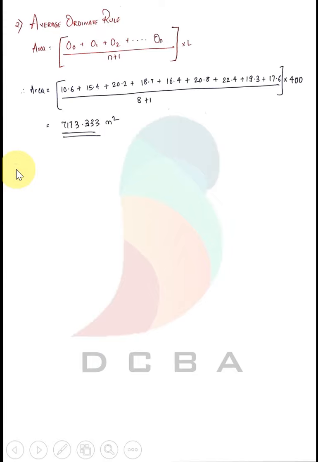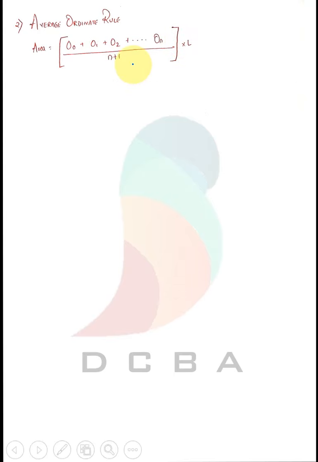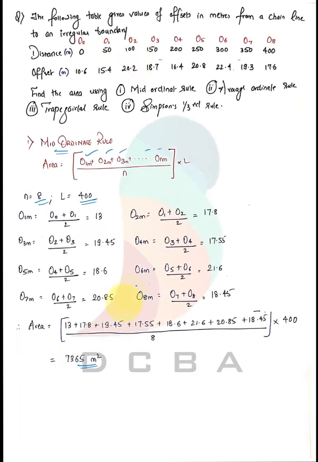The second one is the average ordinate rule. In the average ordinate rule, you take all the ordinates, sum them up, and divide by the number of ordinates. Basically, you are just taking the average of these, which are called ordinates. And how many ordinates are there? 1, 2, 3, 4, 5, 6, 7, 8, 9.